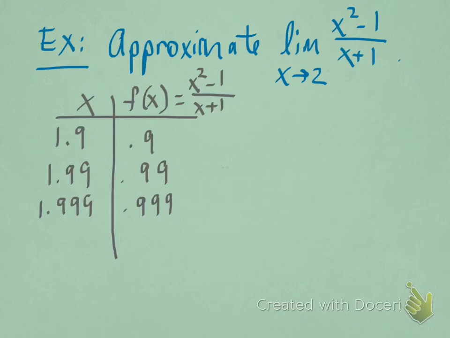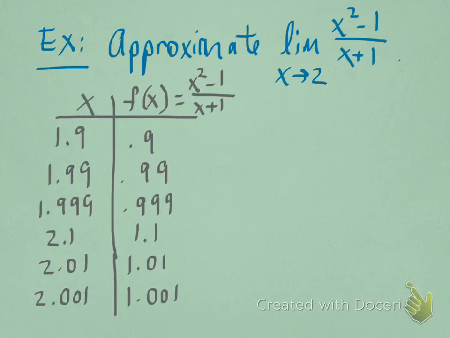And then I'm going to say, well, it's just not good enough to take numbers that are slightly smaller than 2. Let's see what happens if I take a number slightly bigger than 2, like 2.1. My function value becomes 1.1. If I take 2.01, my function value becomes 1.01. And if I take 2.001, my function value becomes 1.001.